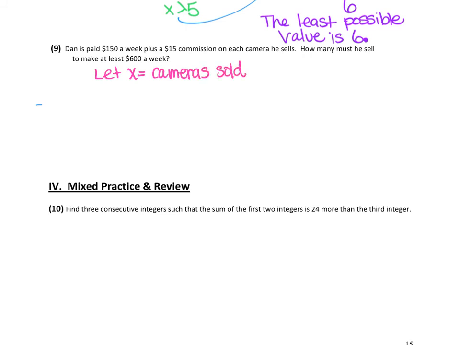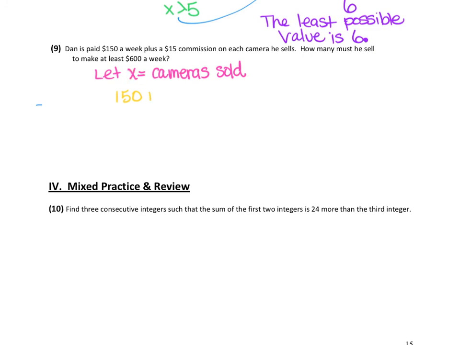Let's work through all these words to figure out what our equation is. So he's paid $150 a week. So he gets $150 a week no matter what. And to that, he's going to add $15 for every camera he sells. So that's $15 for every, we don't know how many cameras that is right now.